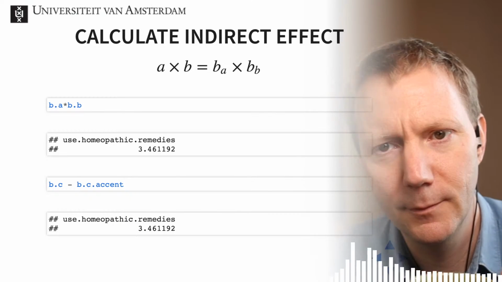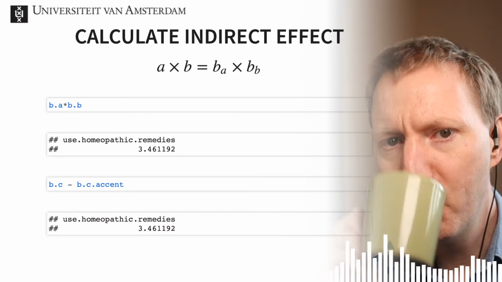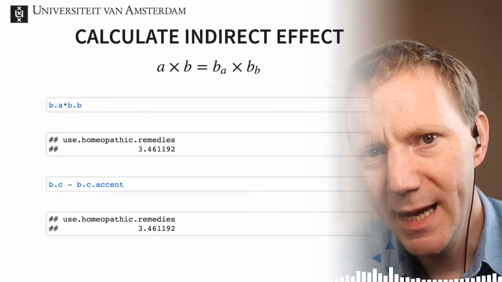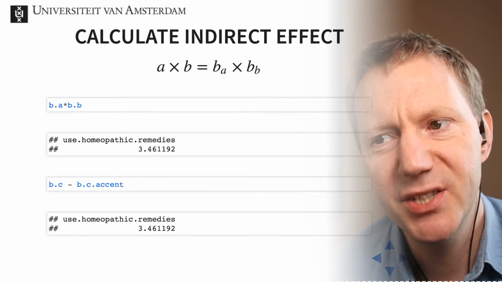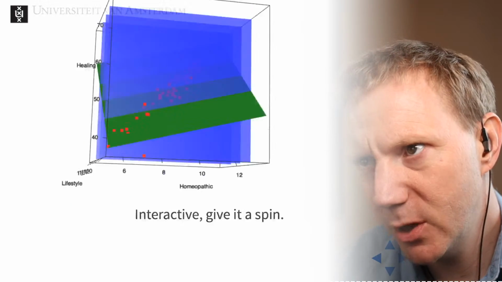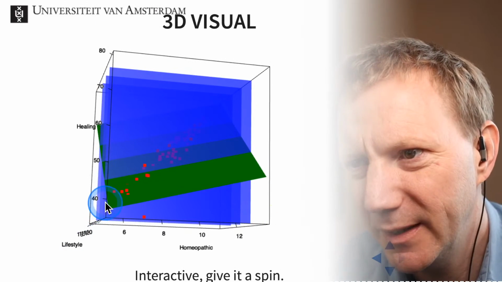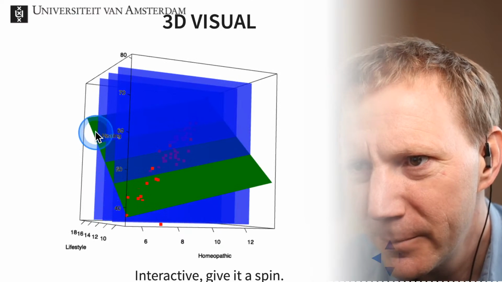If the mediator wouldn't do anything, the indirect effect would be zero, right? Exactly, because it would be the same, and that is what we've shown in the thought experiment that we did a few minutes ago.